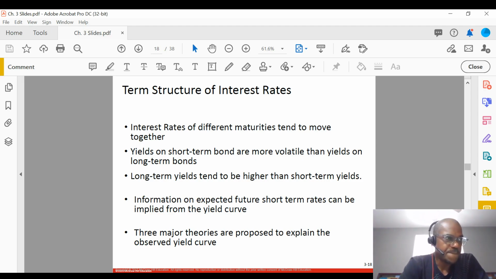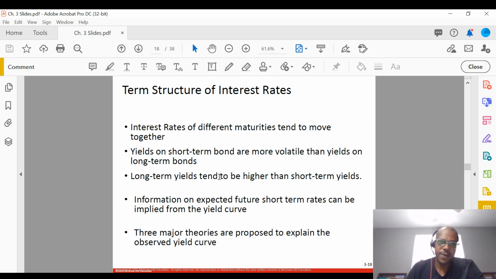Generally speaking, the yields on shorter-term bonds can tend to be more volatile than those of longer-term bonds. And I already gave you this: longer-term bonds have higher yields.